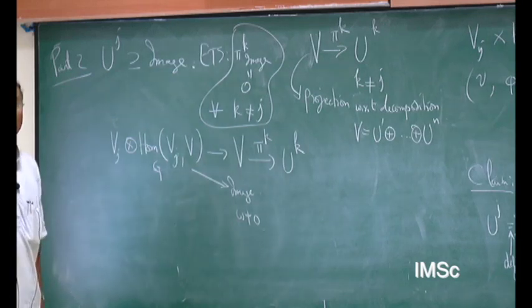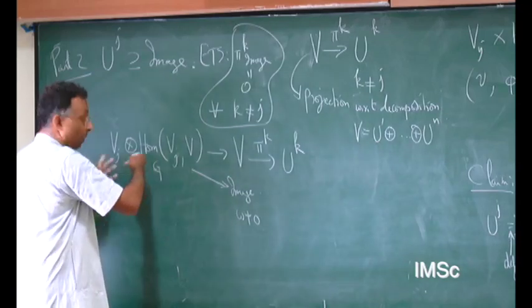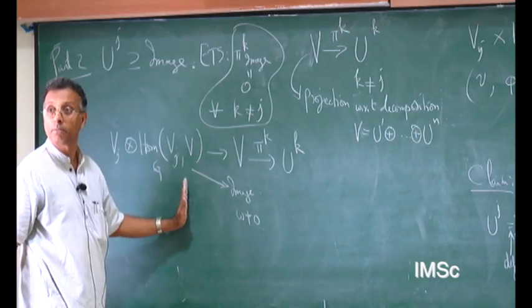How did that come about? It was some image of some element here, and an element here for some Vj, and then some tensor here.